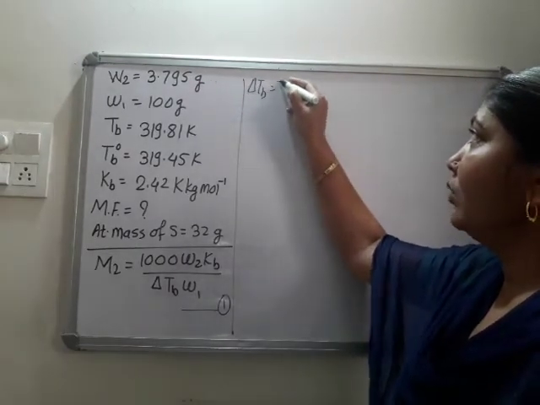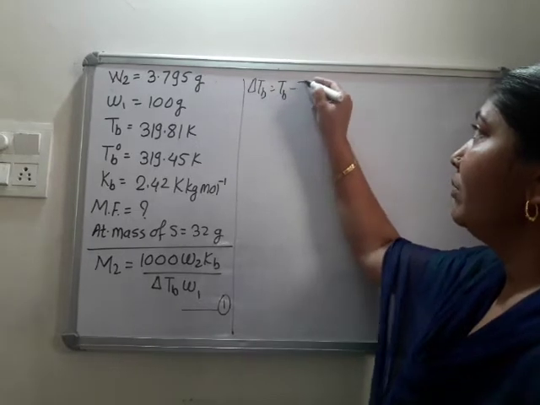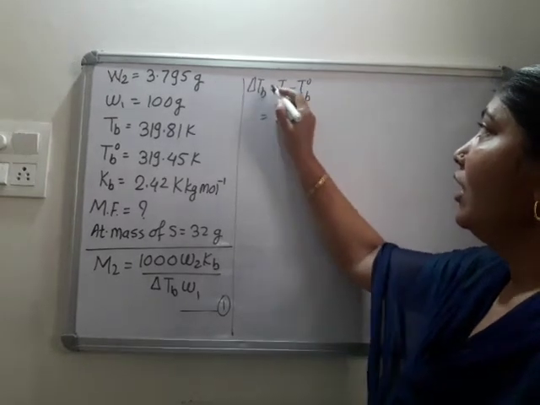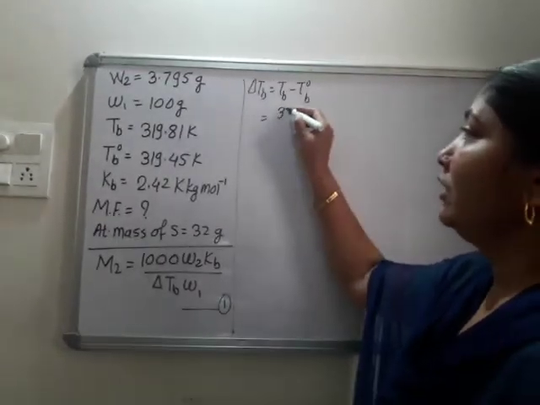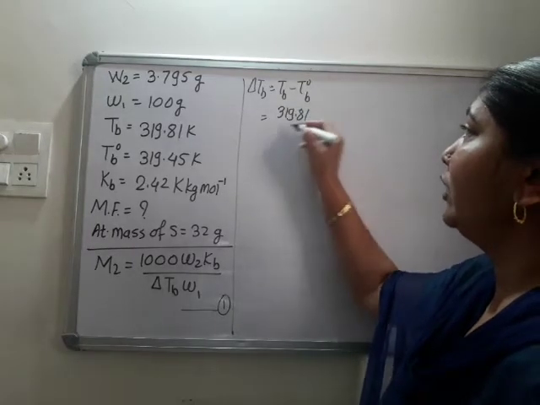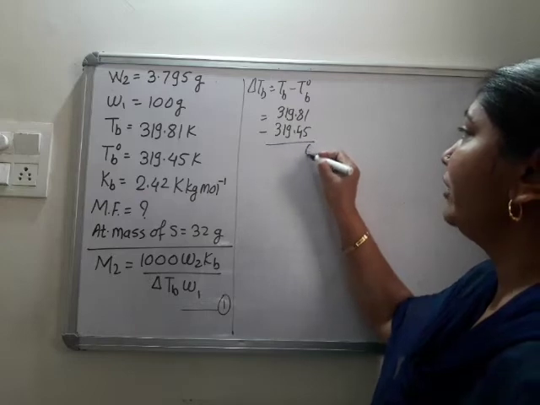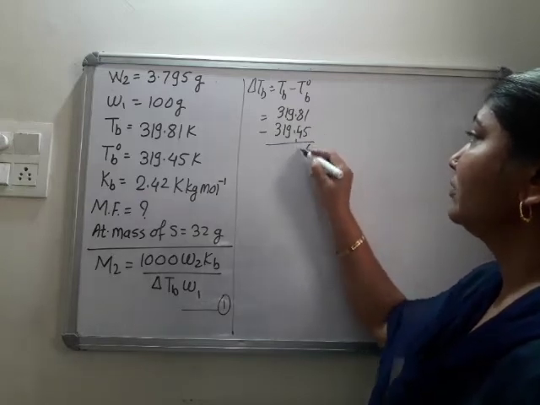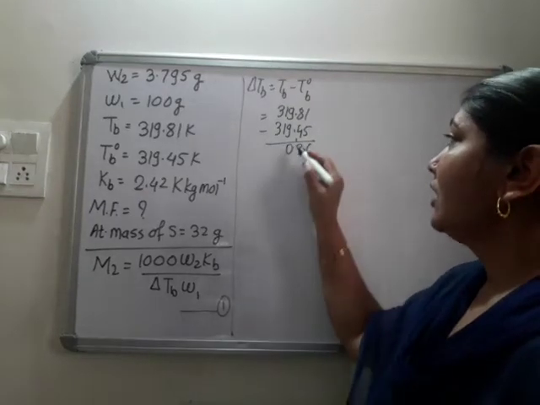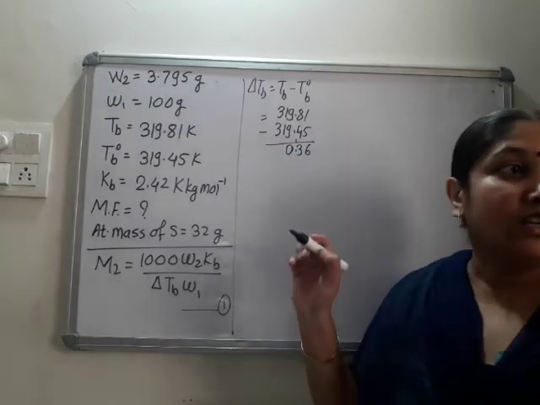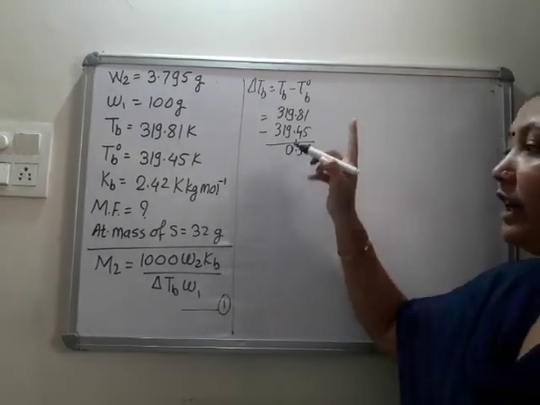Delta Tb is equal to Tb minus T0b. What is Tb? 319.81 minus 319.45. So what is the difference? 0.36, right? 0.36 Kelvin, delta Tb.